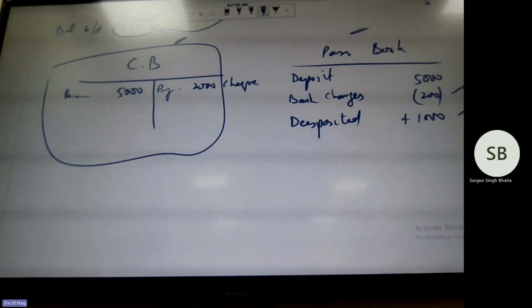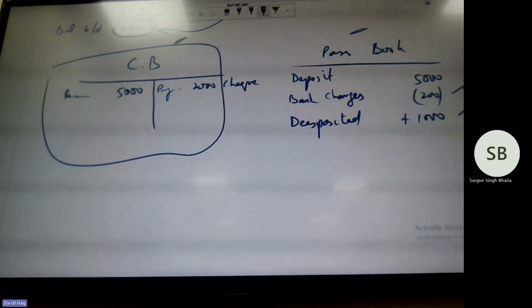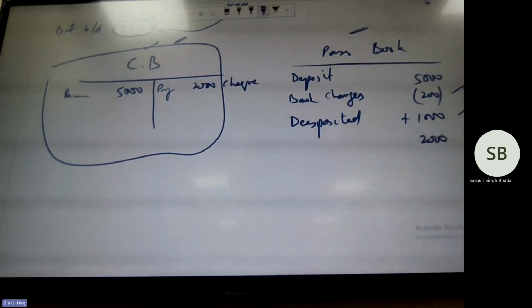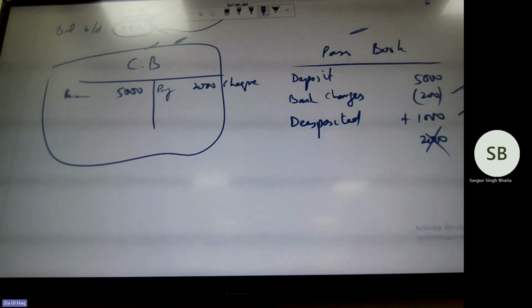He is still keeping that check in his pocket. This means this 2,000 has been recorded in the cash book as payment, but it is not there in the passbook. So due to this, our cash book and passbook balance could be different.